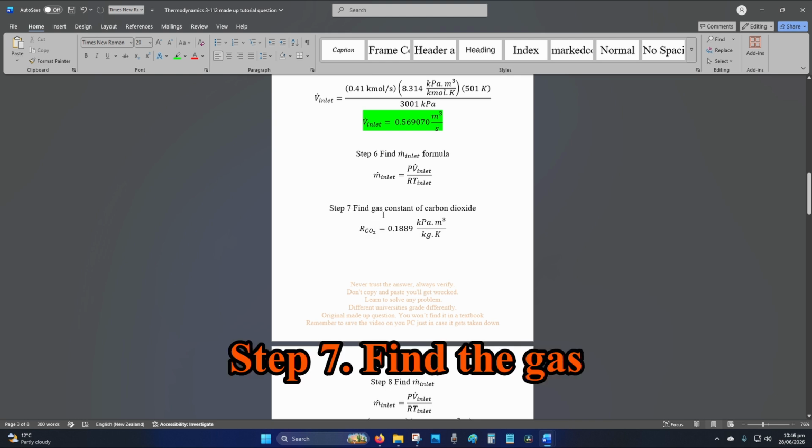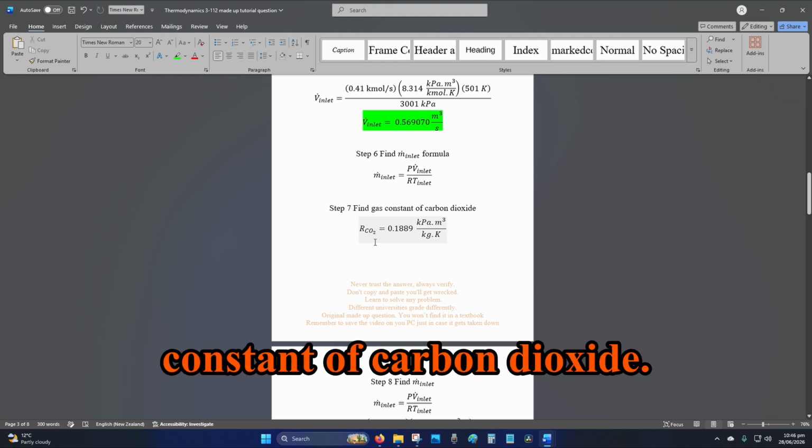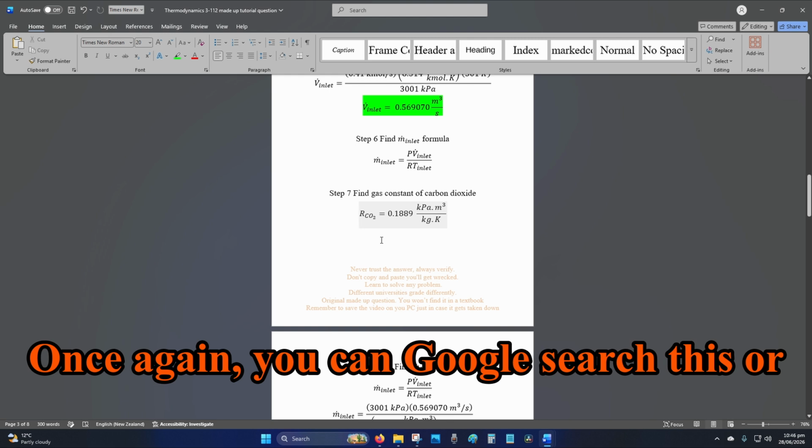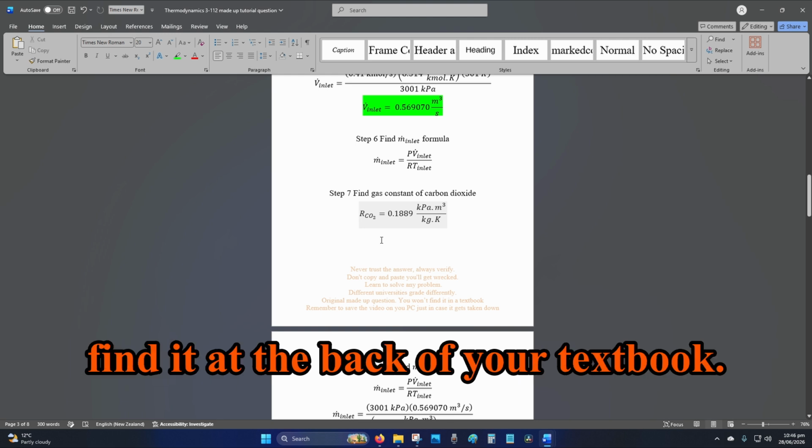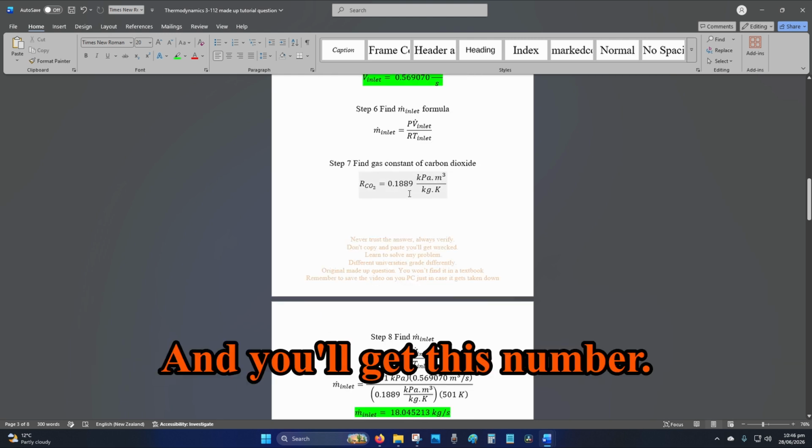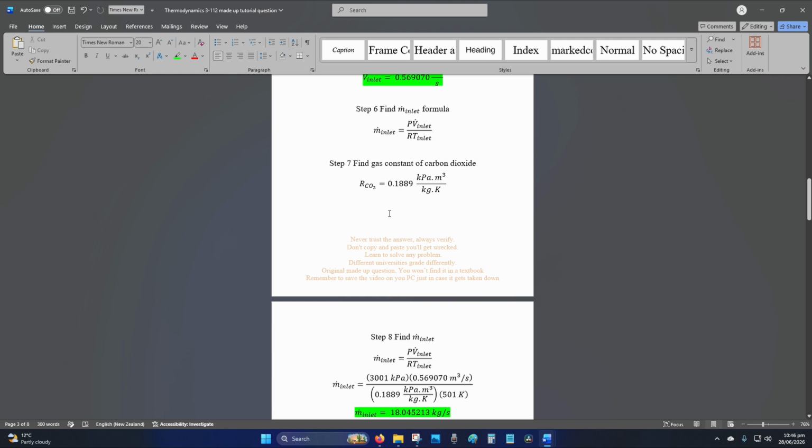Step 7, find the gas constant of carbon dioxide. Once again, you can Google search this or find it at the back of your textbook, and you'll get this number.